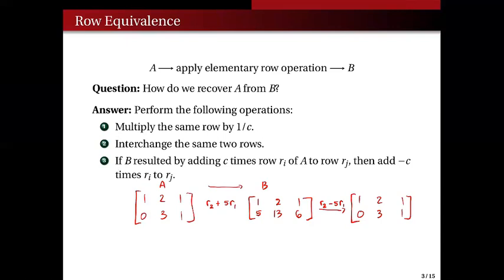So you can combine them. It's just that if you have a matrix B and you want to go back to the original matrix, in the sense that B is obtained by applying elementary row operations on the matrix A, then you reverse the process via these three statements here.